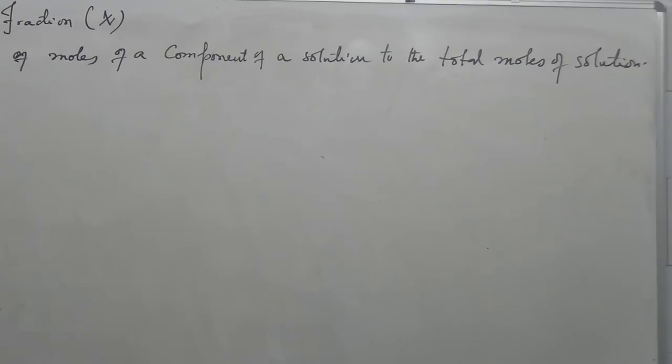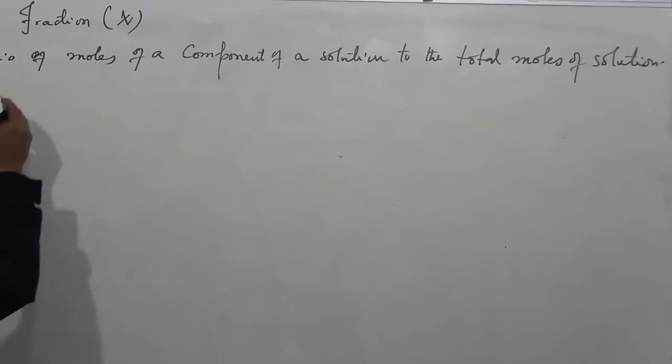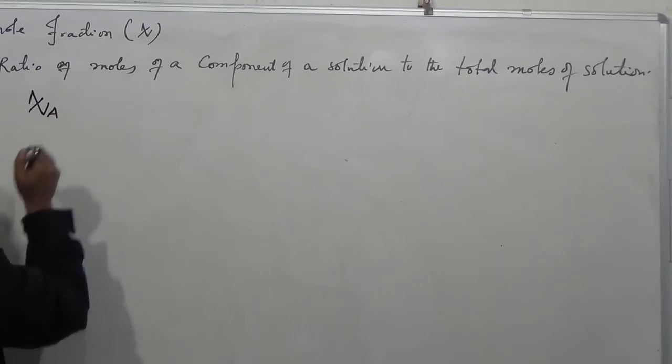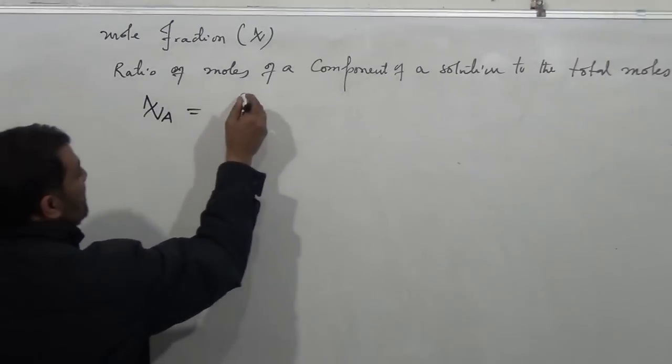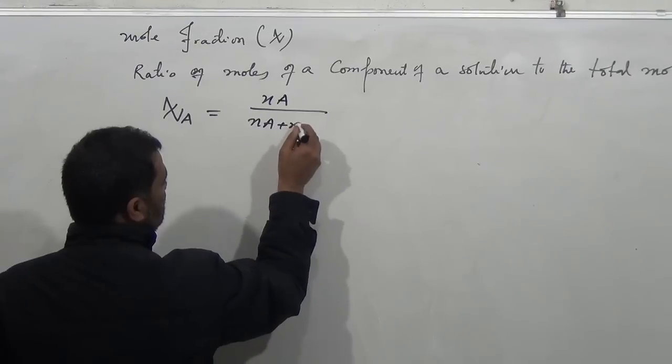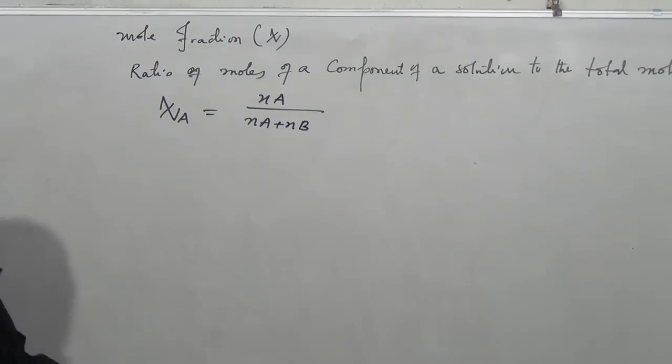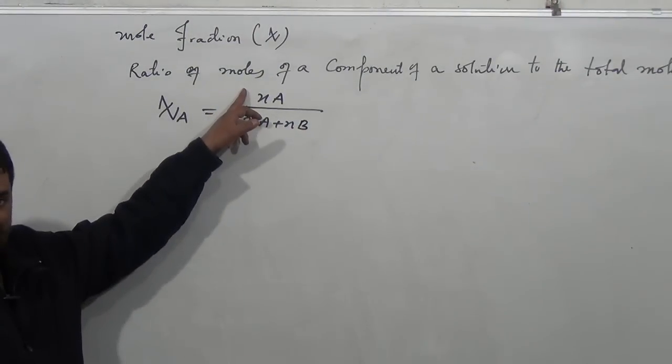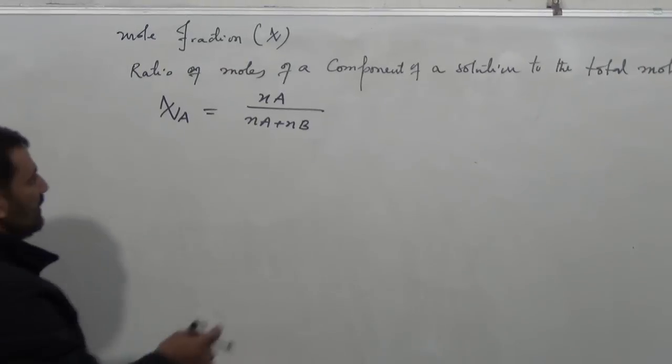So now mass and volume are replaced by chi. Let this be chi A. So mole fraction of A is equal to number of moles of A divided by number of moles of A plus number of moles of B. That is the ratio of moles of A divided by total moles of the solution.